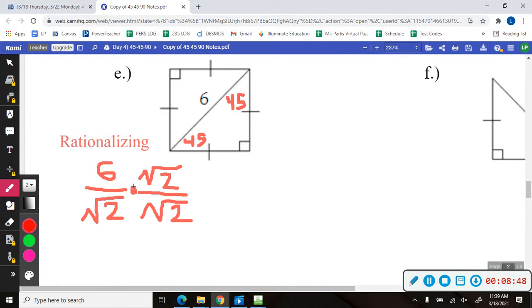If you multiply by square root of 2 over square root of 2, that's really times 1. It doesn't change anything. But here we get square root of 4. And square root of 4 is just 2.